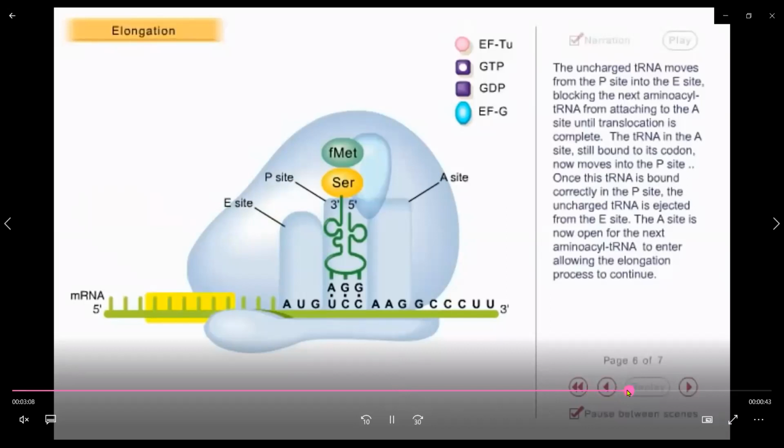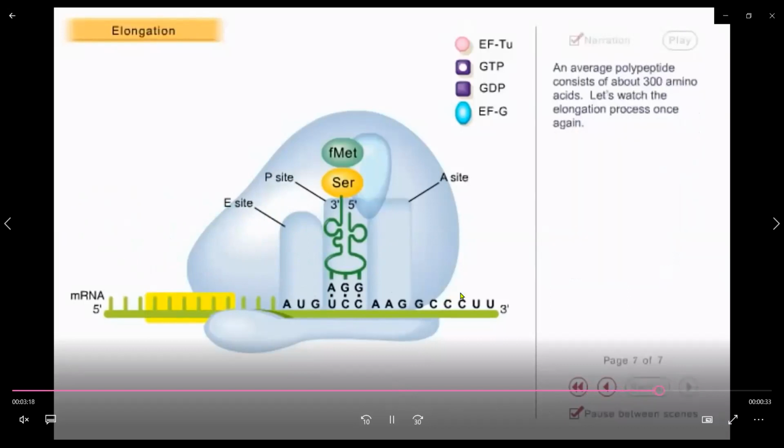And one more thing which we observed just now is that the moment we have an uncharged tRNA on the E site, the E site exits from the ribosome. Now the A site is open for the next round of amino acid tRNA to enter and the elongation process to continue. So let's go over it once more.